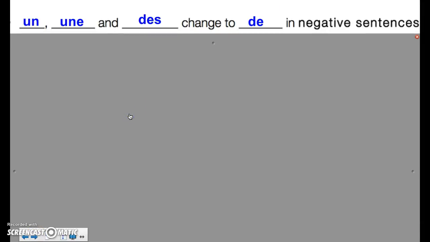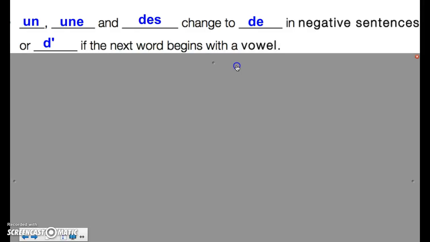So one other thing that happens is that our articles are going to change a little bit. If I have a sentence that has un, une, or des in it, and it becomes a negative sentence, I'm going to change either un, une, or des to become de in those negative sentences, or d apostrophe if the next word begins with a vowel.